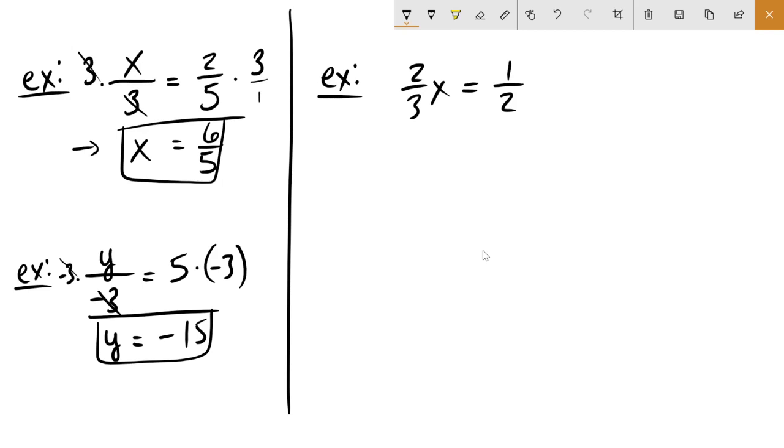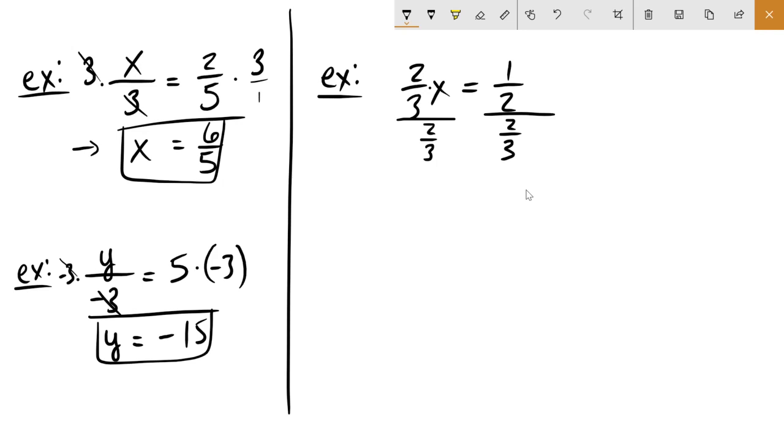Yeah, so on the left-hand side, that's 2/3 times x. So how do you undo multiplication? You just divide. This is why I showed you complex fractions last week, because they pop up when you're trying to solve equations that involve fractions. So it's 2/3 times x equals 1/2.